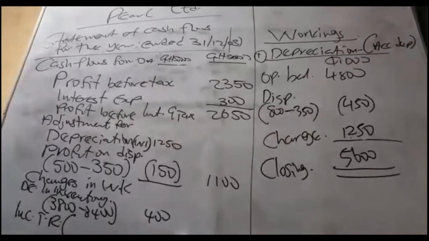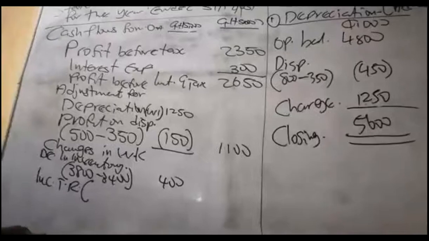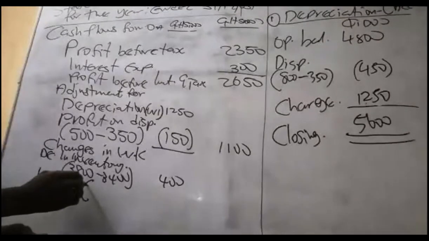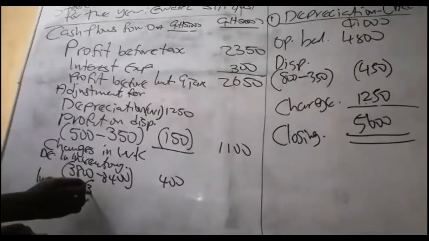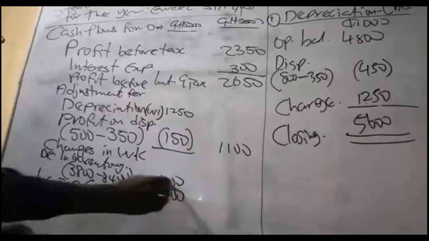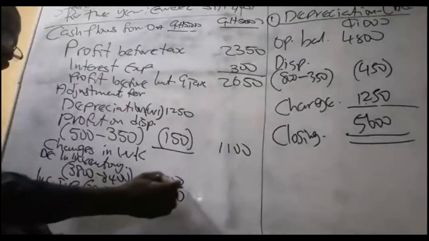That will be 3,800 less 2,900, which is 900. Now, when receivable increases, what's the implication? Is it inflow or outflow? It's outflow because money is going out. So we put it in bracket nicely.